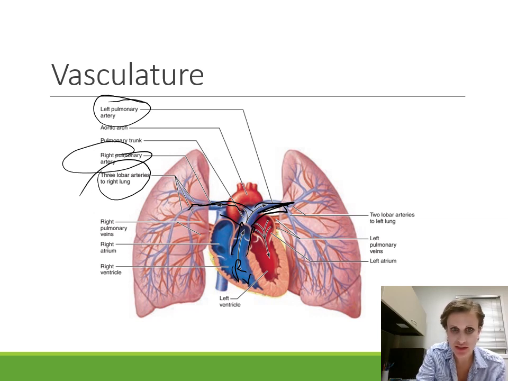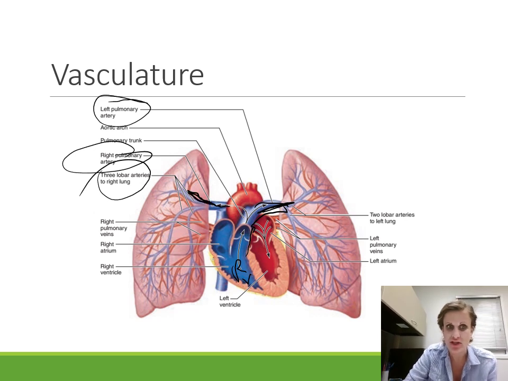You can't really see it over here. Well, let me erase and see. It's kind of hard to see, but this right pulmonary artery has this lobar artery that's going to the superior lobe, and then this enters the hilum. The right pulmonary artery enters the hilum. Then we can see our other lobar arteries.